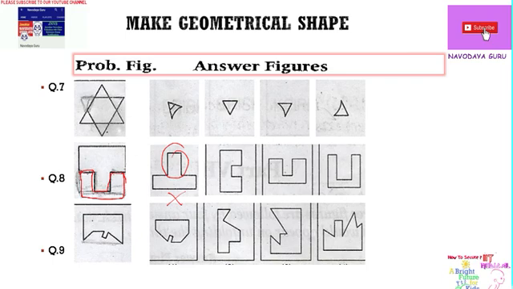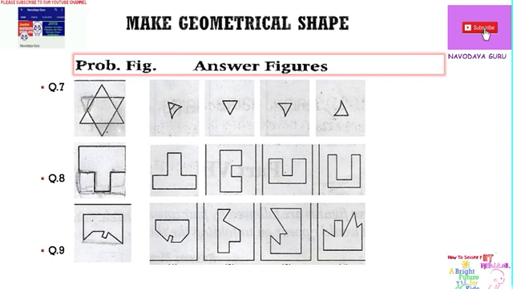Let's go to second figure. In second figure not the answer because this is it. In third figure is the answer because this is matching. In fourth figure not the answer.